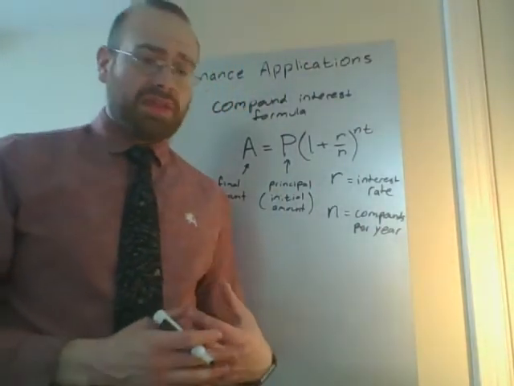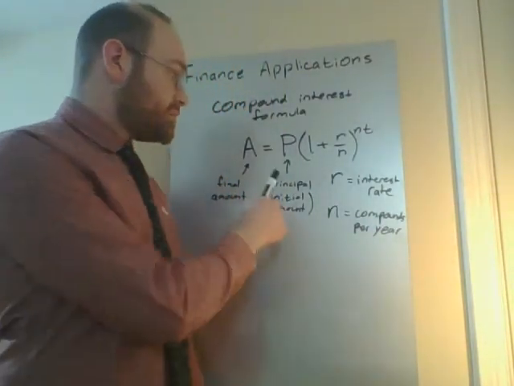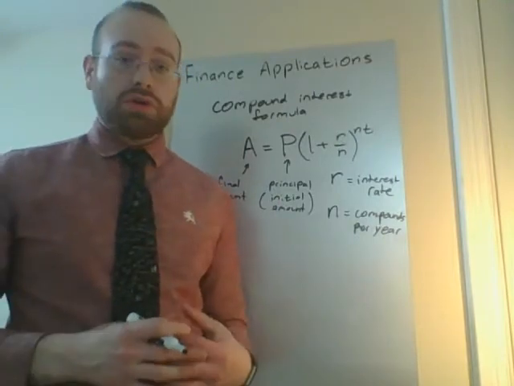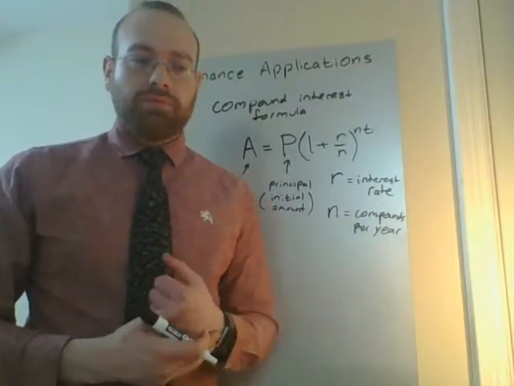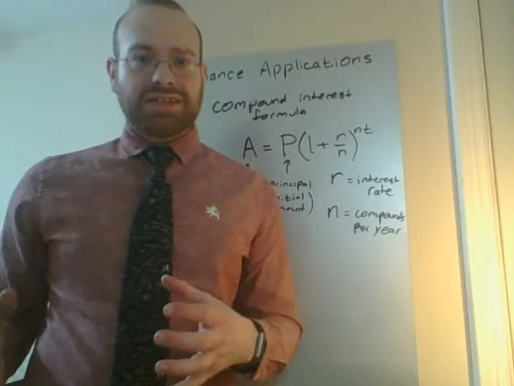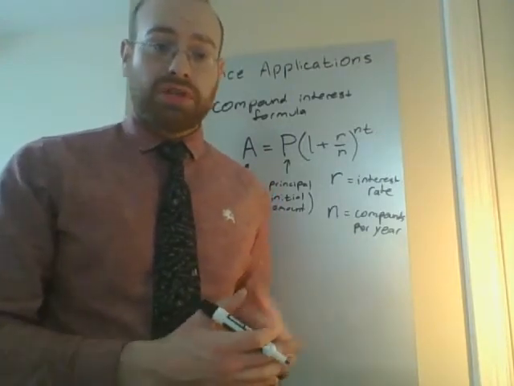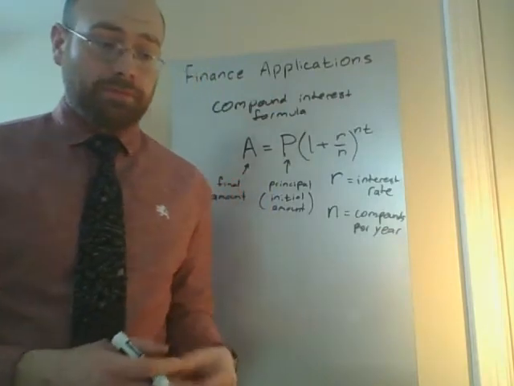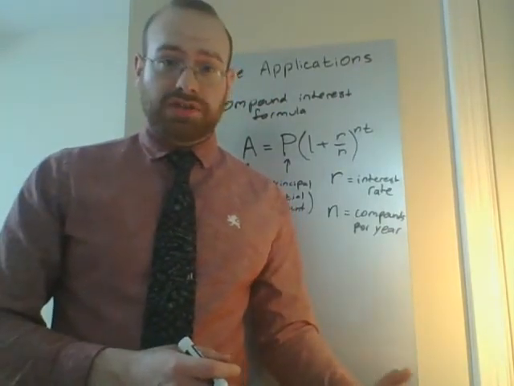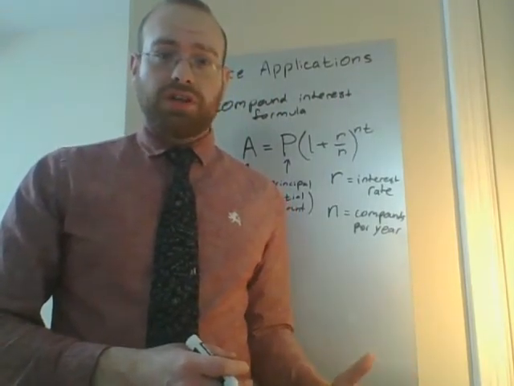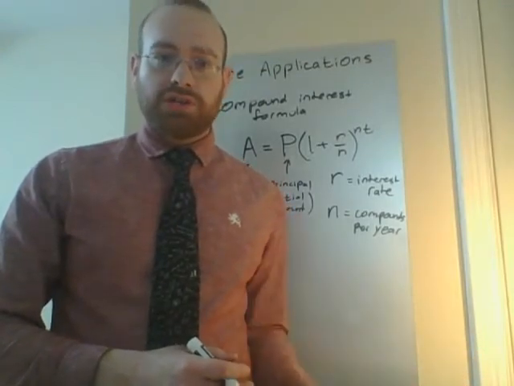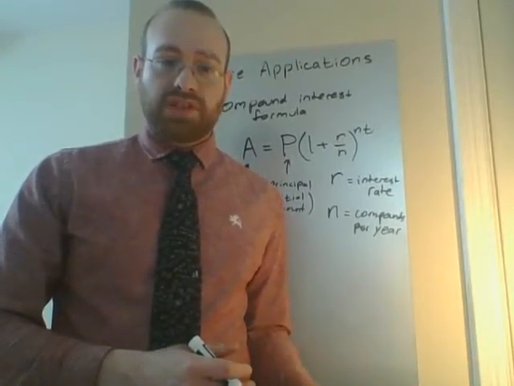So interest is a percentage of the principal that's earned over an amount of time. When this interest is added to the principal, it's called a compounding. So let's say I have $100 in a bank, and over 1 year, I earn $1 in interest. That's 1%.